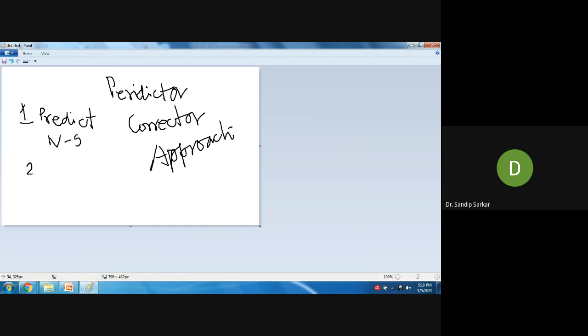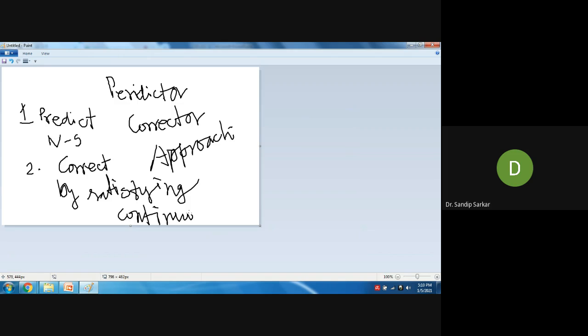Then in the second step, you correct the velocity by satisfying the continuity equation. Okay, understood?